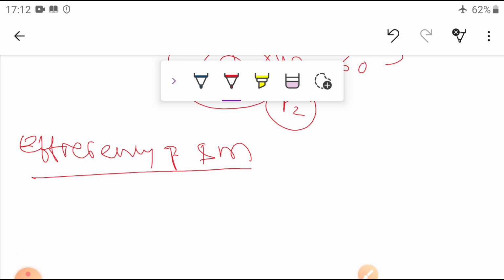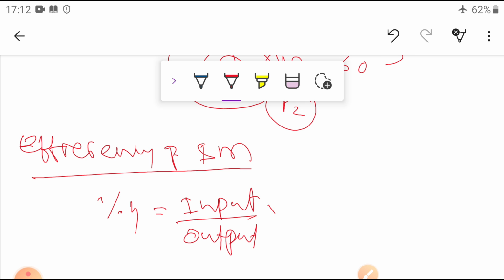The percentage efficiency is equal to input by output into 100%... sorry, some blunder.